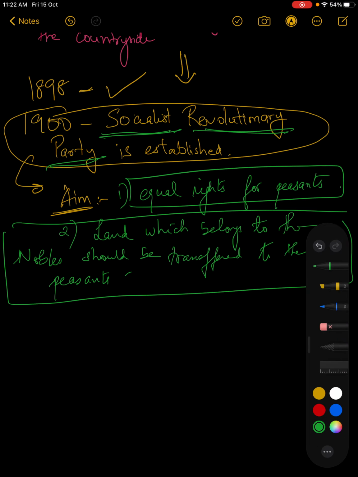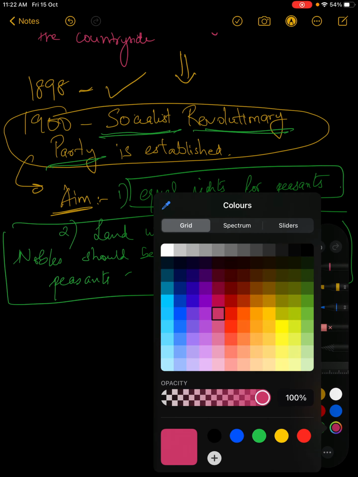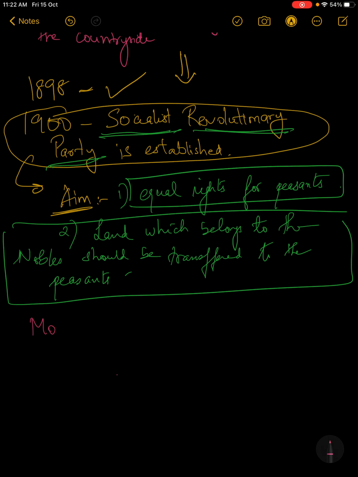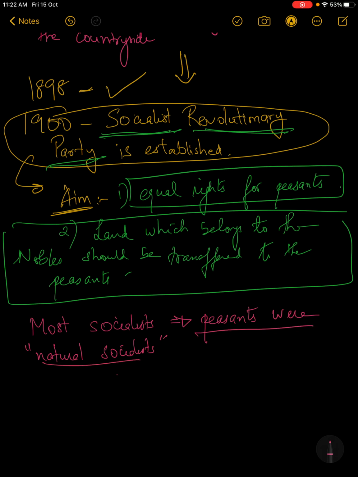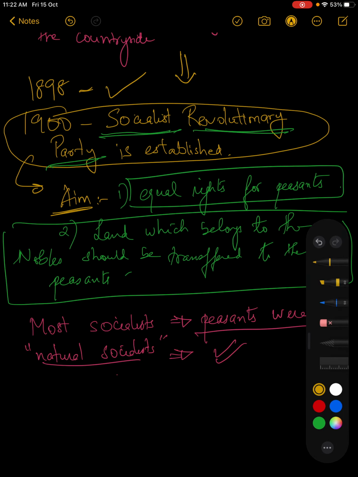All right, now most of the socialists, as I have mentioned before, were of the opinion that peasants were natural socialists. Again, in the sense that they got together, collected their land, distributed it, basically socialist stuff, right? Peasants were natural socialists and they could be the face of the revolution.